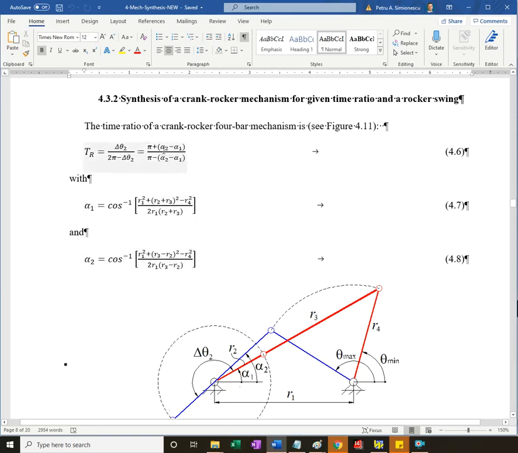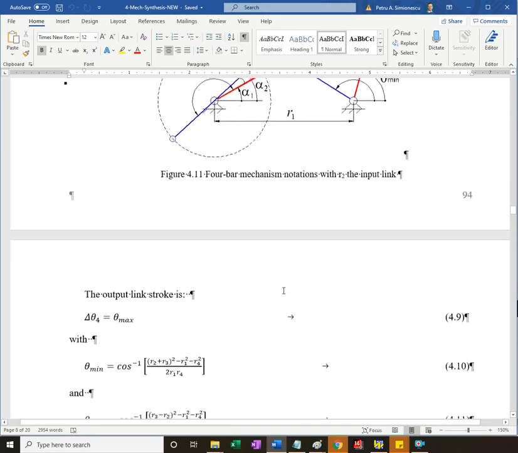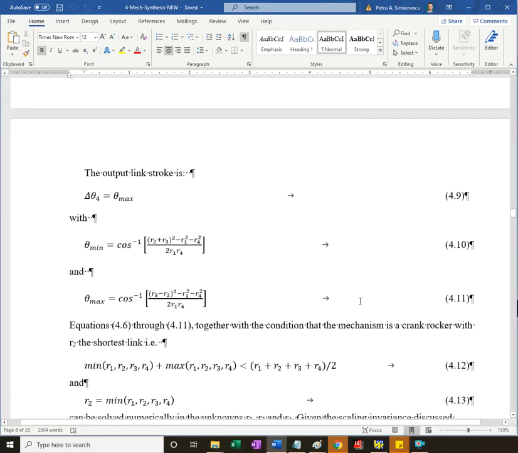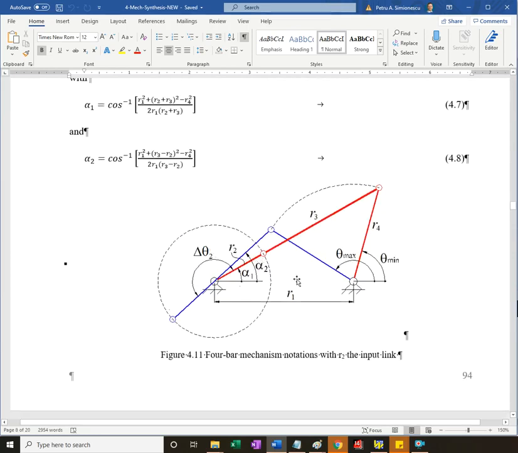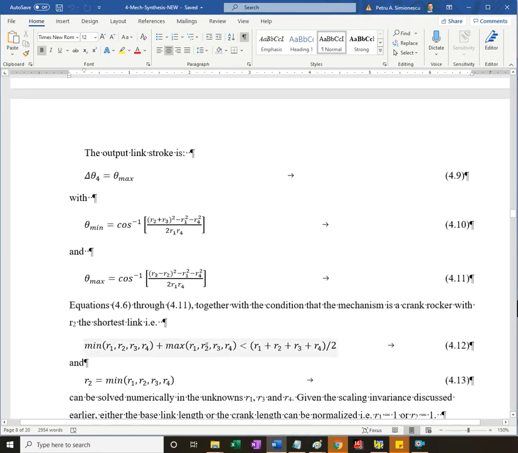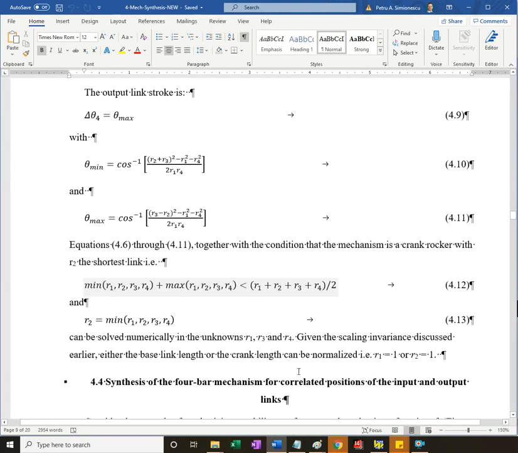I have alpha 1, alpha 2, and then I could just go ahead and impose the condition for the mechanism to be crank rocker Grashof 1. It's what you're seeing here. And then we need to solve it.